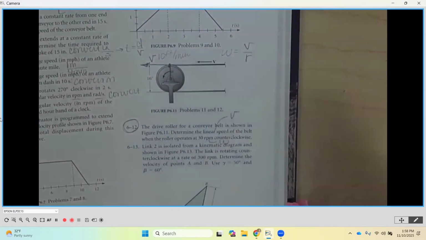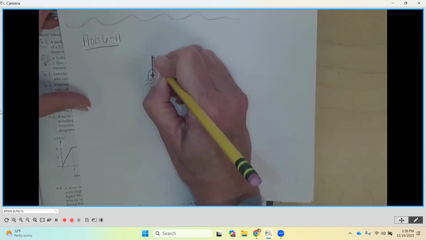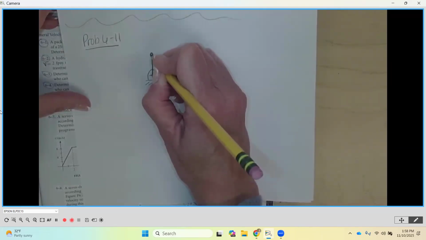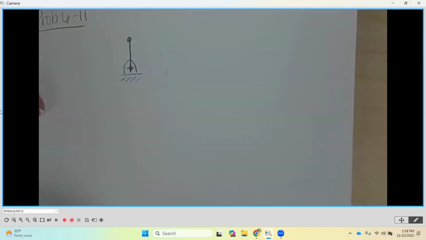Now, I'm going to break it down like we see it. This is problem 611. If I look at the center of rotation here, here's my frame, and I look straight up. This is just the radius of that roller to the top of the belt, where the belt is on that roller. Remember how in our kinematic diagrams we didn't show a circle, we just showed a radius.